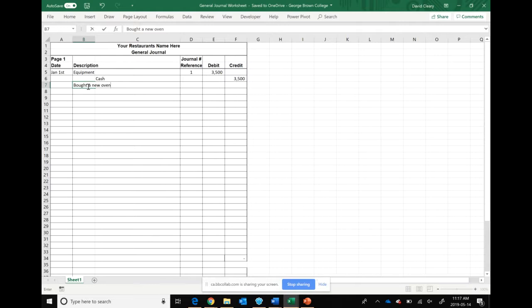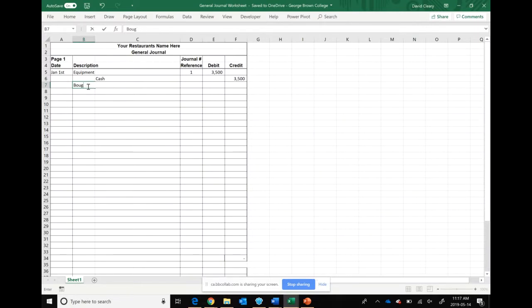Now, as simple as that is, we need a little bit more. Typically, we communicate our transactions with the beginning two words, to record. So in this case, absolutely we bought a new oven, but the description of this journal entry is to record the purchase of equipment with cash.